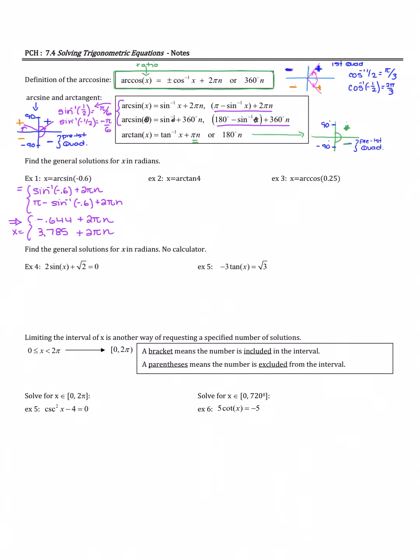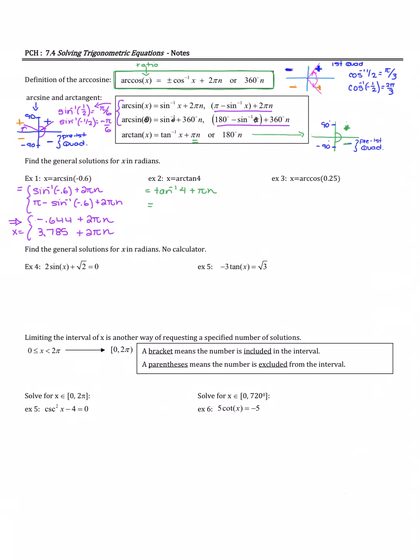Now, if I'm doing a tangent, I have x equals, it's a positive ratio. And so all I have to do is, well, let's write it out. So this is going to equal my inverse tan of 4 plus pi n. So I just go to my calculator because it's going to understand where to draw the principal value. And we will be doing these without the calculator in a second too.